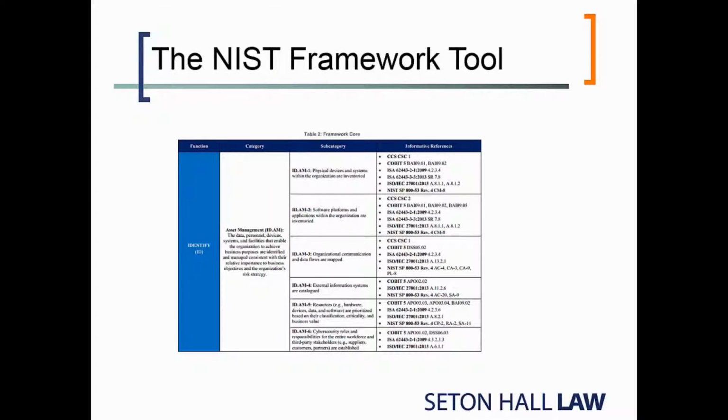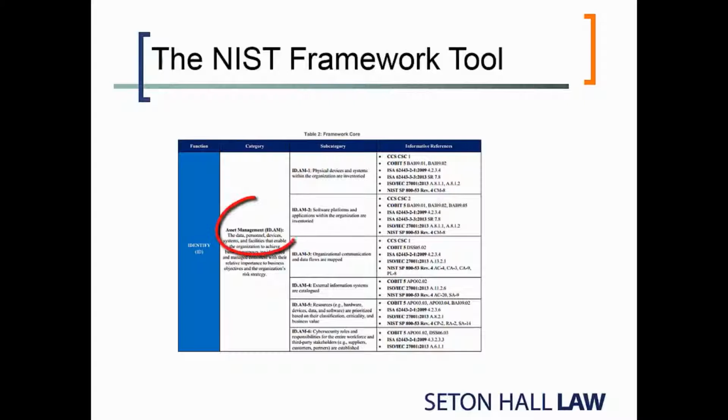So here is an example of a page from the NIST framework tool. If you go to the NIST website and download the whole packet, the whole framework, you'll see that the tool is huge. There are pages and pages of this kind of stuff. This page just relates to one particular function, the identify function within the framework core.